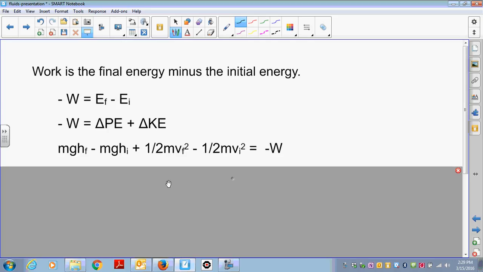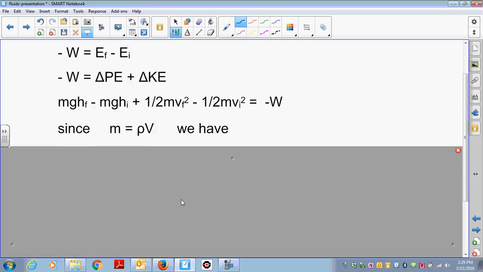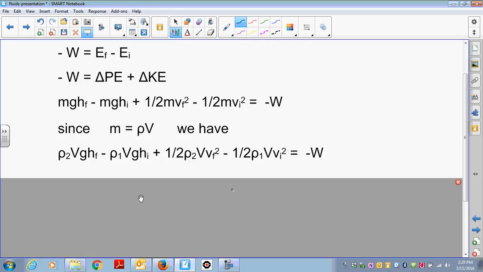That gives me mgh final minus mgh initial plus 1/2 mv squared final minus 1/2 mv squared initial, which must equal the negative work done. We know that mass is equal to rho times volume, the density times the volume, and I know that the volume is the same throughout the fluid because that's the section of the fluid that I chose. So I'm going to replace m with rho V for all of them.